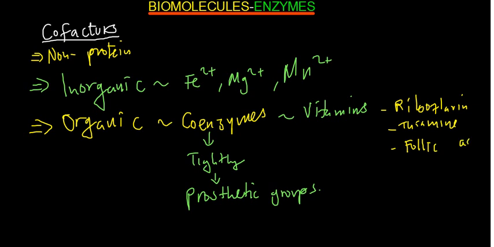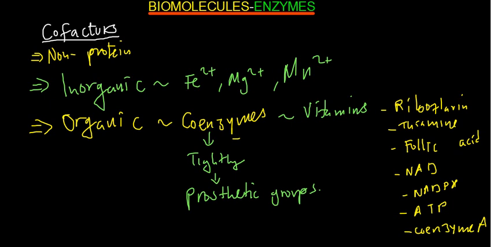We can also talk about other prosthetic groups such as NAD, NADPH, and also ATP. And we also have what is called coenzyme A. So these are examples of organic cofactors or coenzymes. We need to take note that they are mostly vitamins.